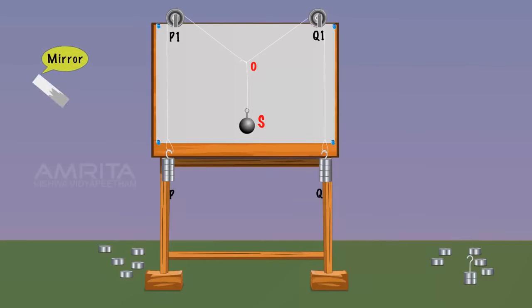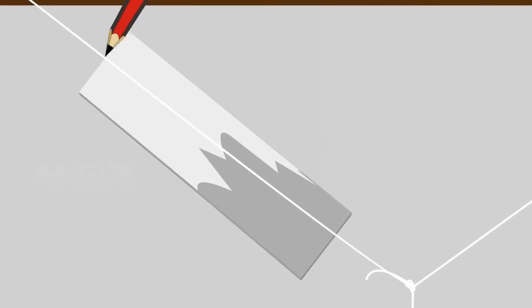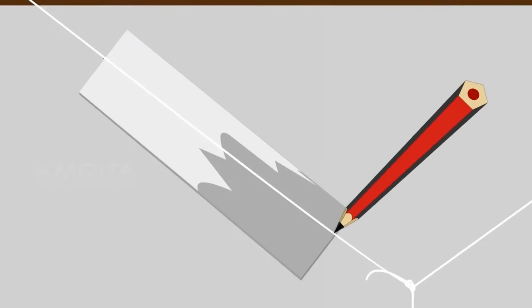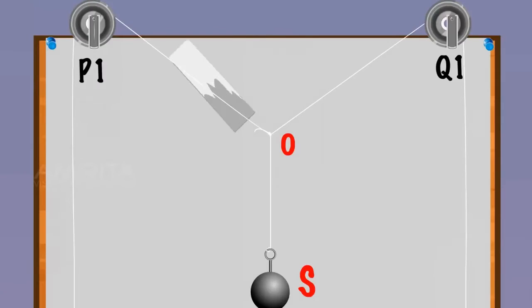Place a mirror strip beneath the thread and mark the points with a pencil at the edges of the mirror where its image coincides. Do this for the other two threads.